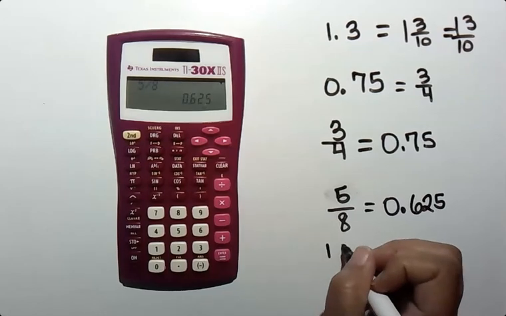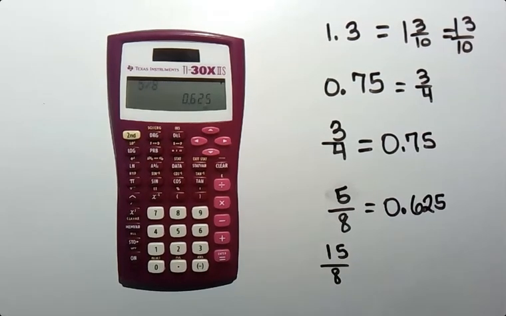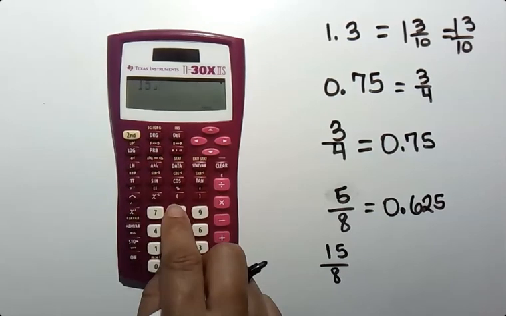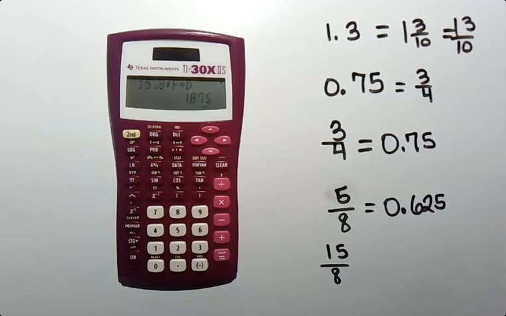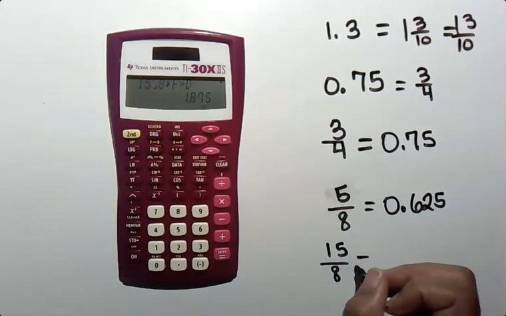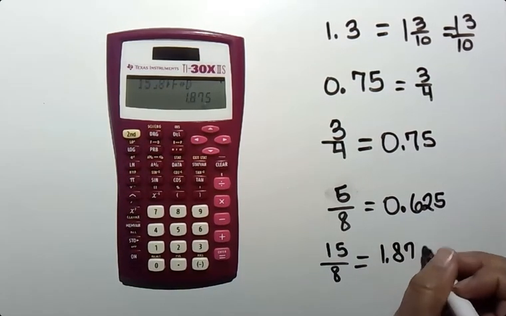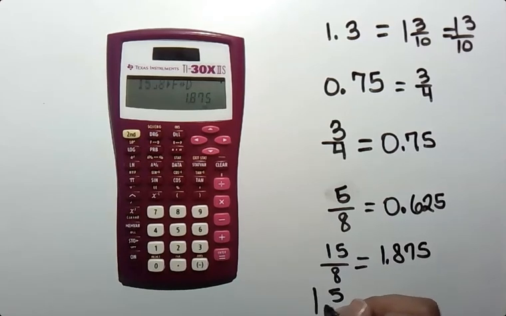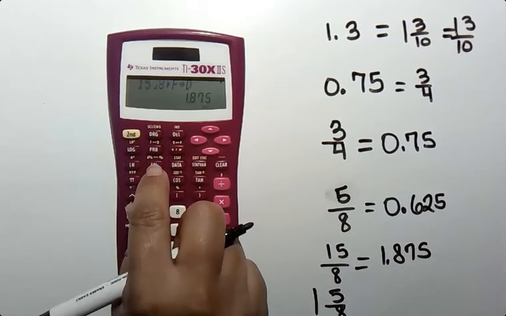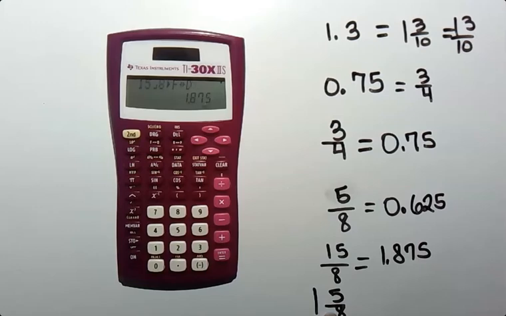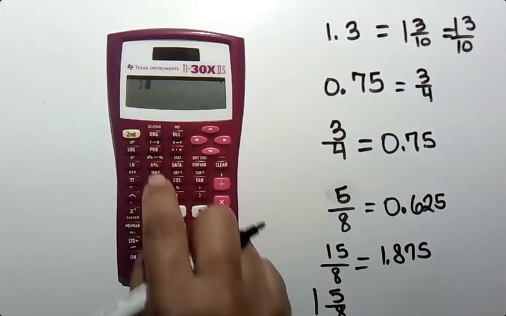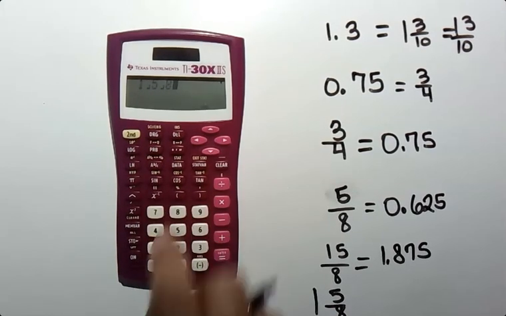If it's an improper fraction that you need to switch out, you enter it in the exact same way. It'll take care of it for you. If that was a mixed number, you use the ABC in front of each part. So you do 1, ABC 5, ABC 8.